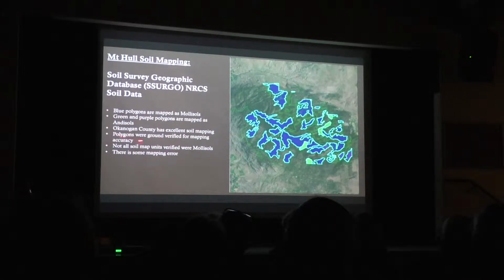And what's really important is the ground verification part of this. You can do the mapping geospatially, but you need to take that out to the field and ground verify that, because not all the soil map units that I verified were mollisol. There is a little bit of soil mapping error that's just inherent with that, because the soil mappers cannot touch every acre of ground when they produce these soil maps.